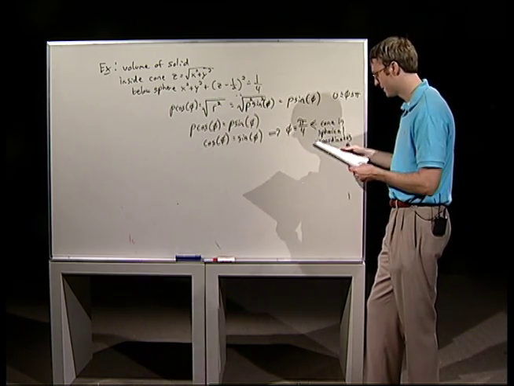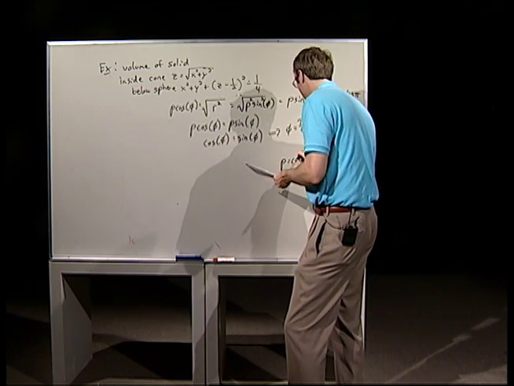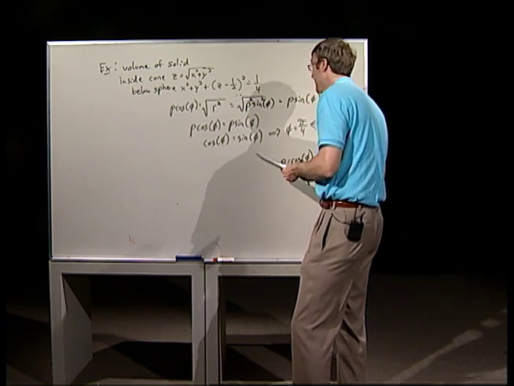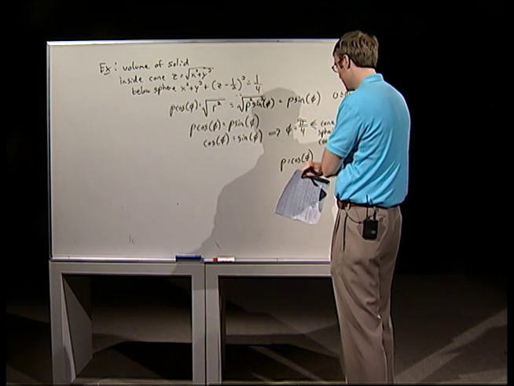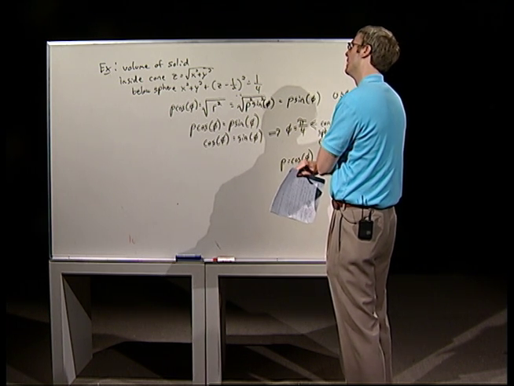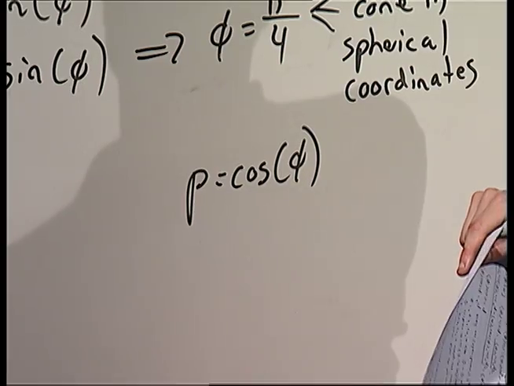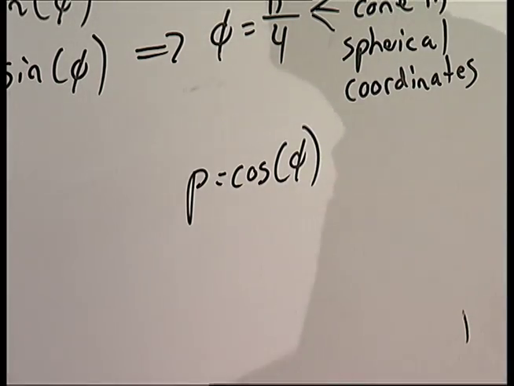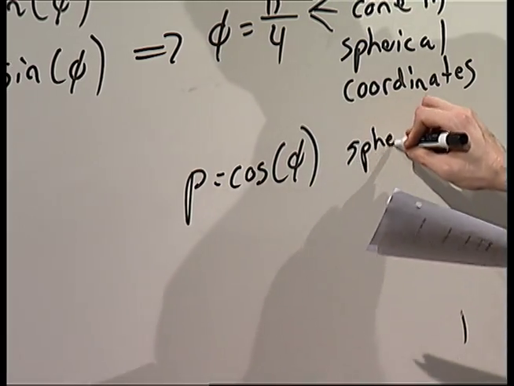In the previous case with the sphere, rho equals cosine phi, it included the point 0, 0, 0, so at the angle 0 your rho would in fact be 0. So it's okay, it includes them both. That point's not missed either. It's not a concern here. So this was the sphere, this was the cone.